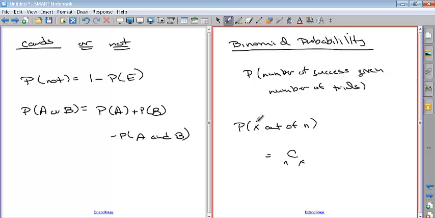So this might be 3 out of 4. So 3 is the number of successes, 4 is the number of trials. So this is where N goes here, 4 things taken 3 at a time. Then you have the probability of success taken to the X power, and the probability of failure taken to the N minus X power.